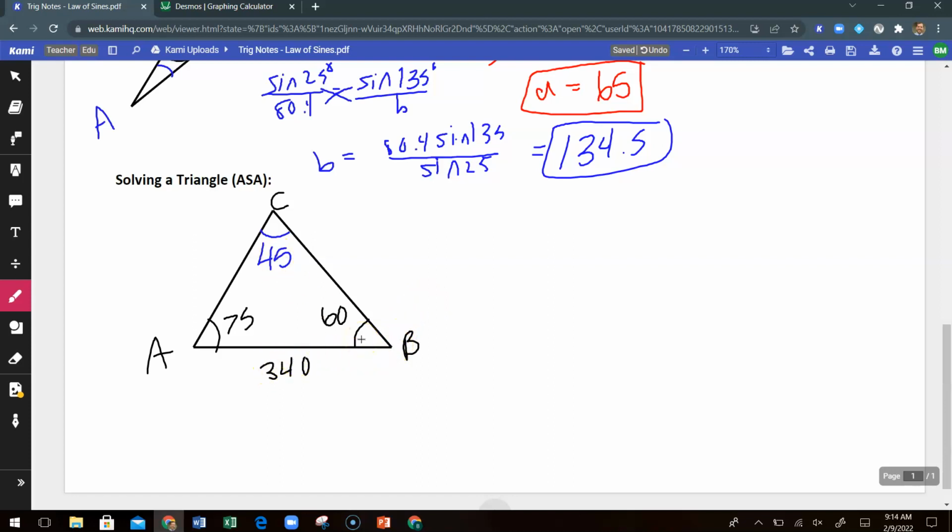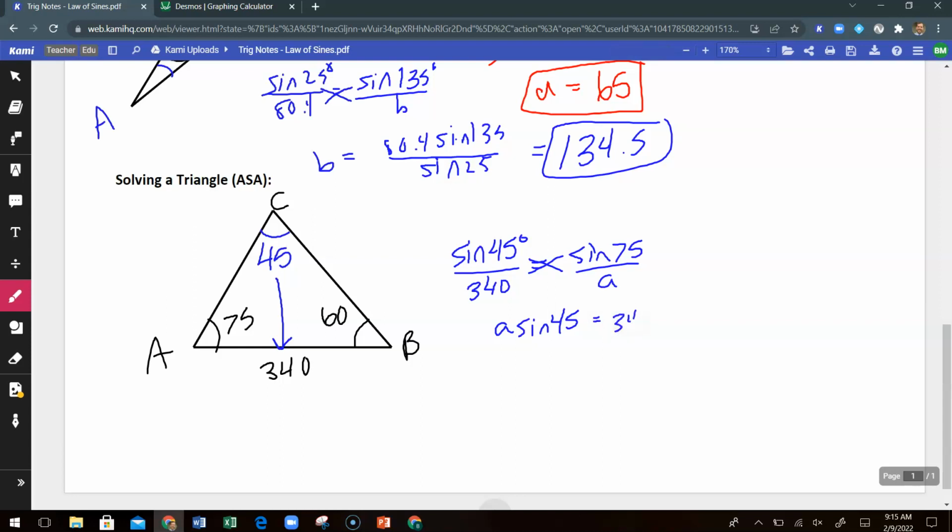Now I have an angle and the side length across from it. Therefore, I can set up my proportion. So I have that the sine of 45 degrees over 340 is equal to, pick one, doesn't matter. If we do A first, we're going to do sine of 75 over side length A. And then we're going to do our cross products. And we're going to get A times the sine of 45 equals 340 times the sine of 75.